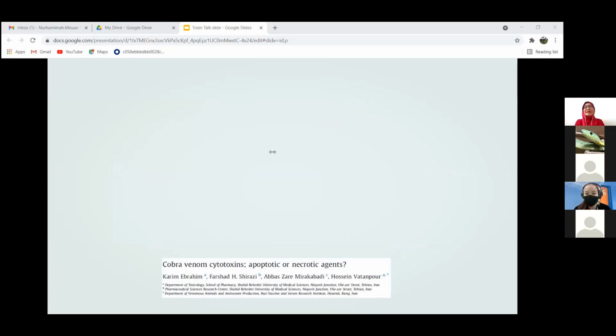In this paper, Ibrahim and his fellow researchers came with a question whether cobra venom cytotoxin is an apoptotic agent or necrotic agent.